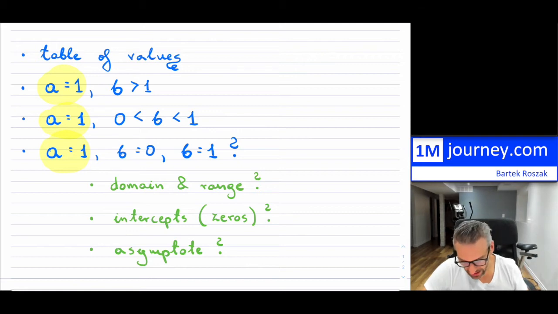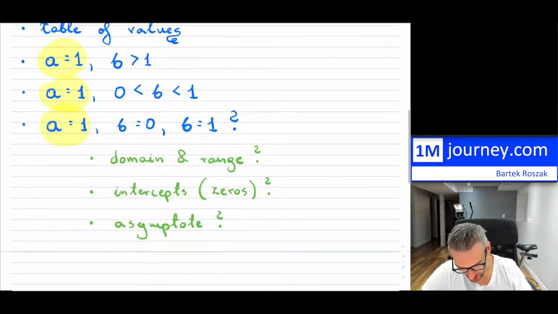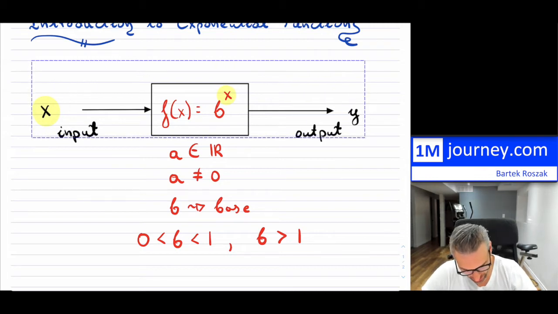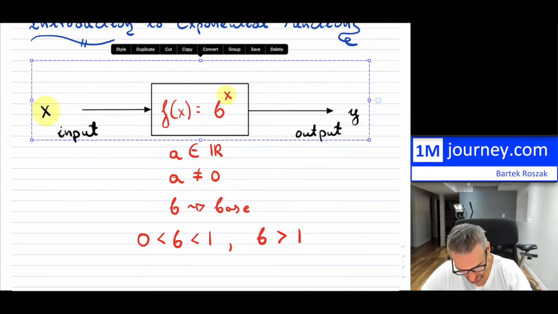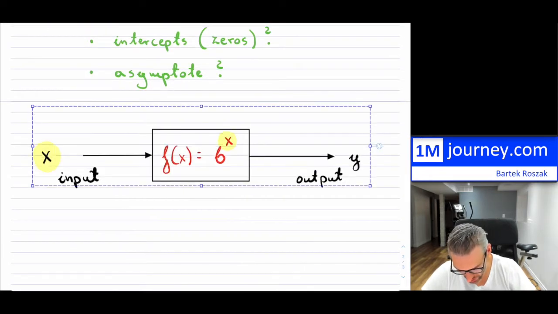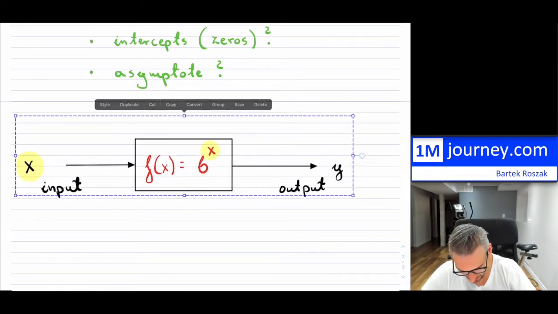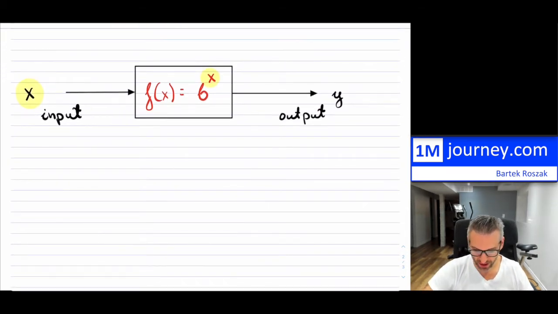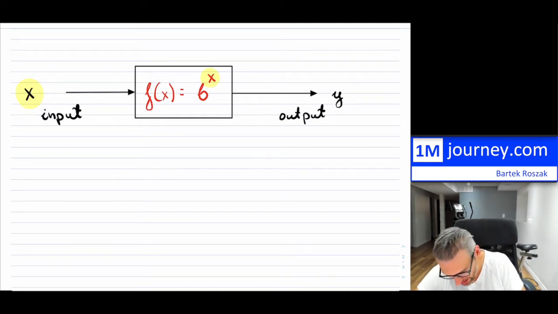So let's take an example where I'm going to take this entire input and output relationship. I'm going to copy this down, and I'm going to fix my b, so we'll make it specific for two cases. Because I want to create a table of values, let's fix b. I'm going to let b be equal to, let's say, 2.